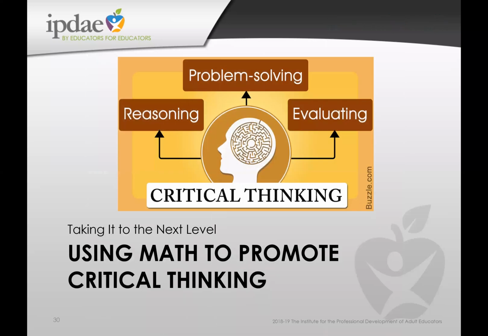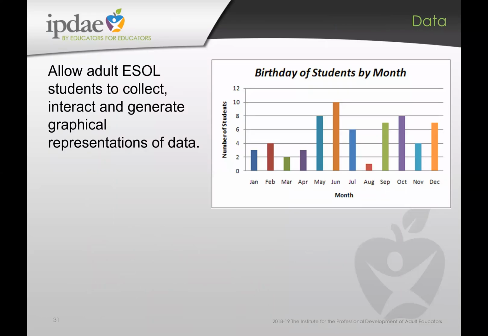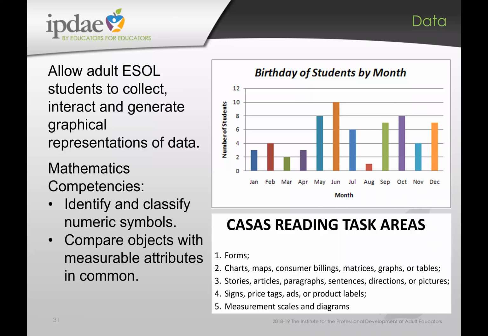So last but not the least is how can we promote critical thinking in the mathematics classroom? When you say critical thinking, you're either doing one of these things. You're either reasoning, you're evaluating the value of something, or you're solving a problem. So when you promote critical thinking, introduce lots of data and graphs and charts with your students.